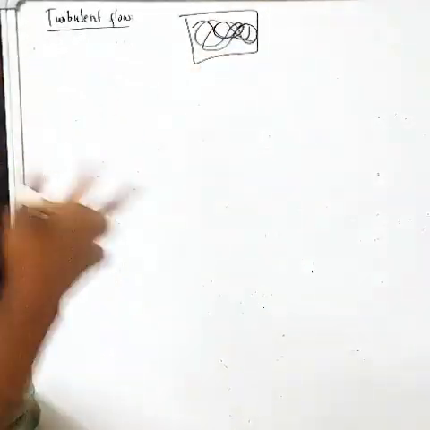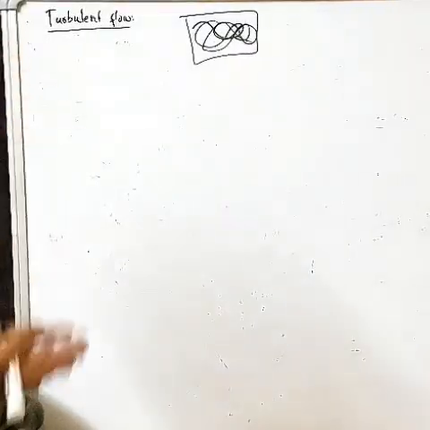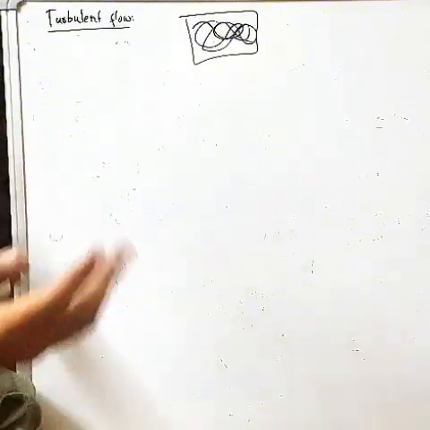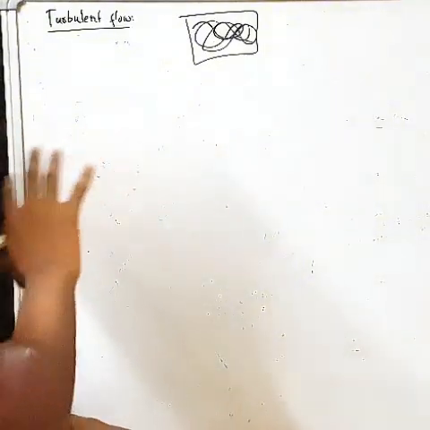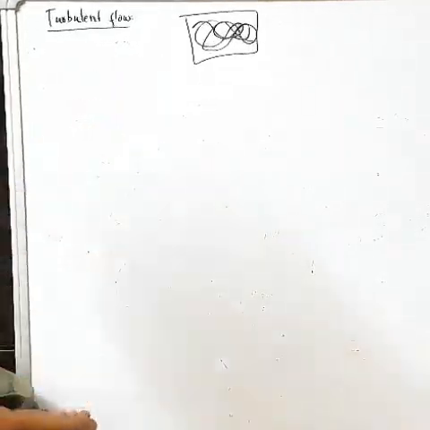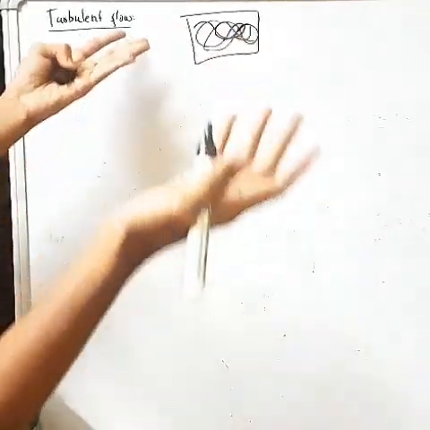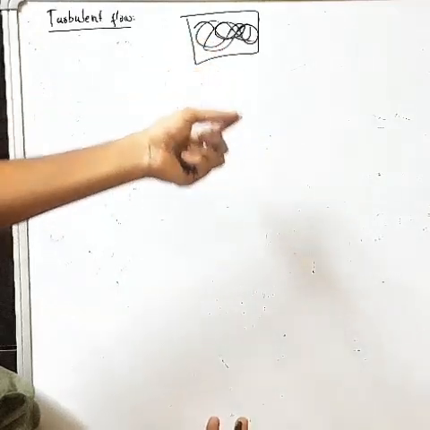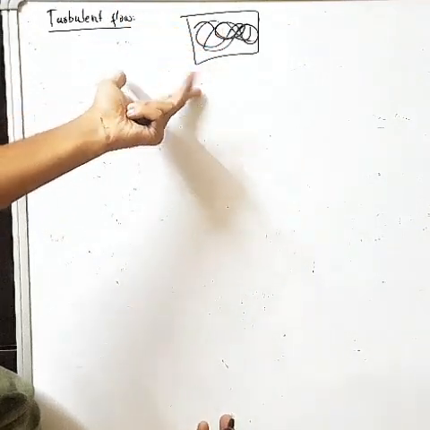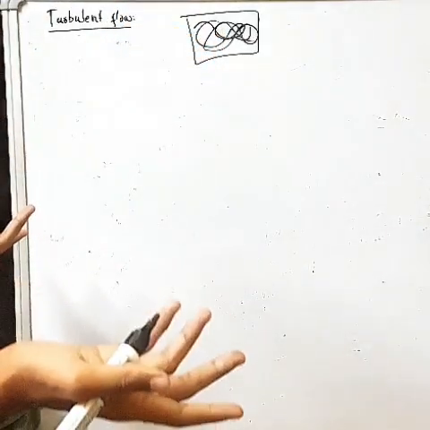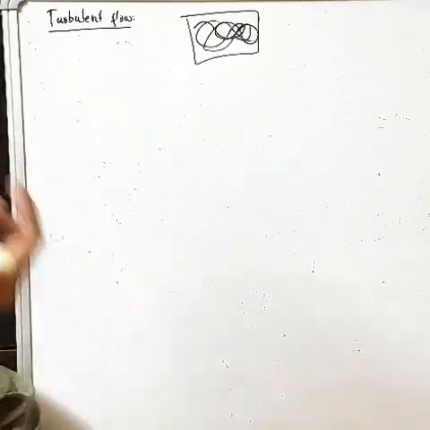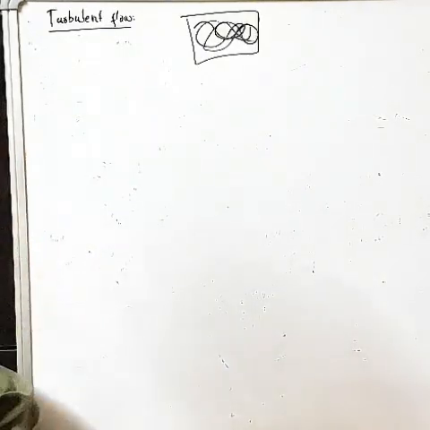It's not parallel, it's not straight, it's not steady, it's not uniform, it's not laminar, it's nothing. We can't determine or estimate any position of flow or of a particle here, because it's turbulent. It has no trace to follow, no lead to follow. How can I make an equation from here?